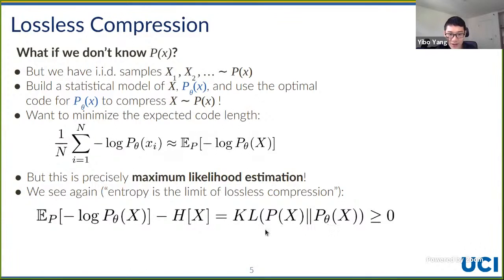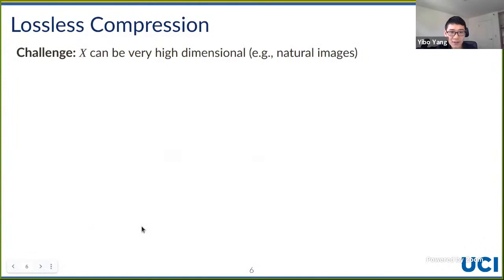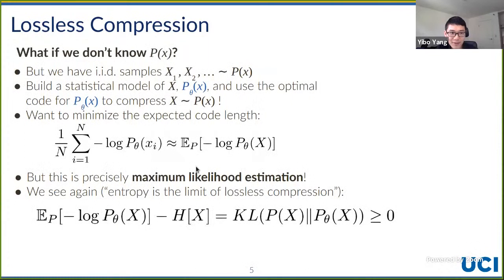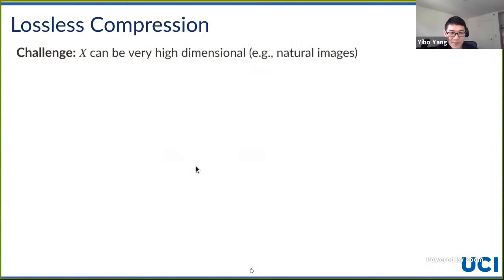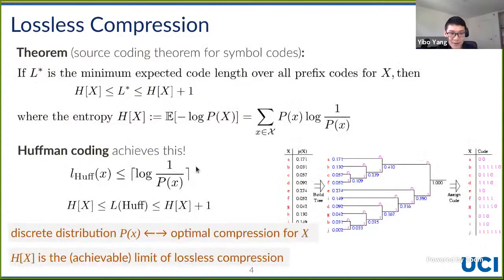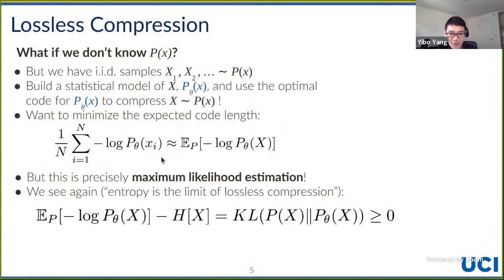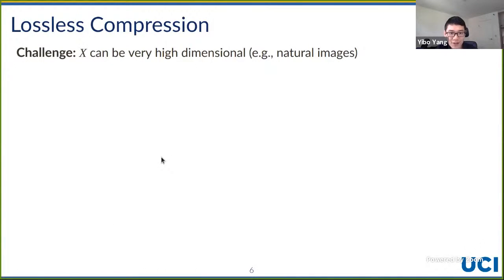And because the KL divergence is always non-negative, we sort of recover the observation that the entropy is the fundamental limit of lossless compression. So basically the theoretical aspects of lossless compression have been worked out, and we have an efficient algorithm, Huffman coding, and a bunch of other algorithms that can kind of achieve that limit.